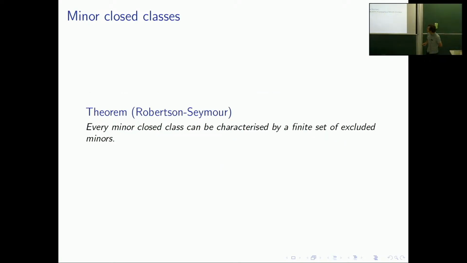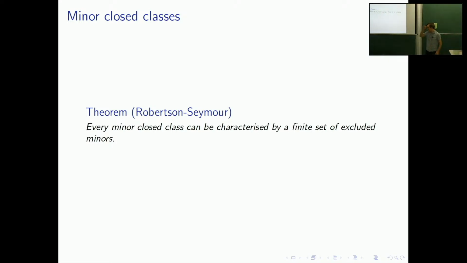And one of the very interesting things about graph minors that is obligatory to mention in any graph minor talk is this very nice theorem that every minor closed class, so every class of graphs that's closed under the operation of taking minors, can be precisely characterized by listing a finite set of graphs which are excluded minors for the class.